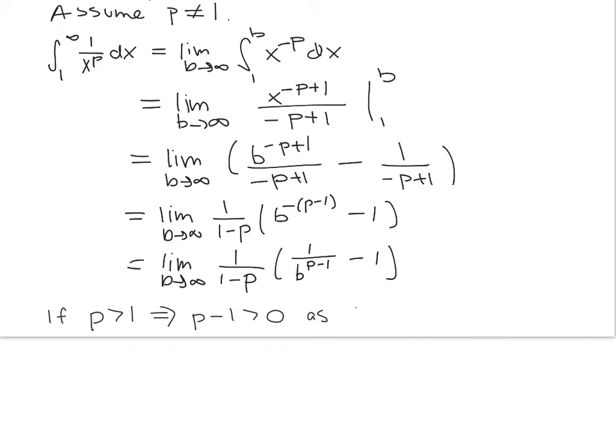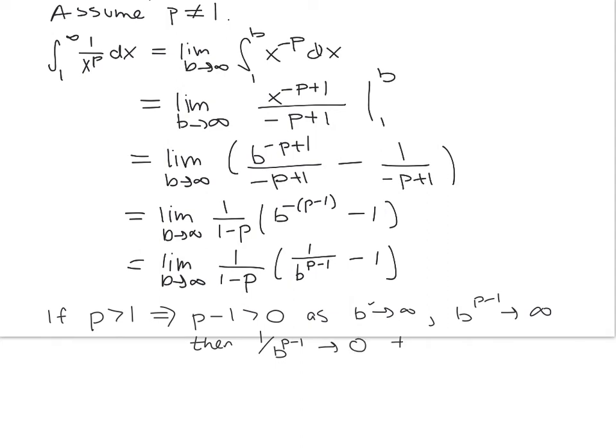And as b goes to infinity, something to a positive power, that positive power being p minus 1, is going to go to infinity as well. And if that goes to infinity, 1 over that thing is going to go to 0.